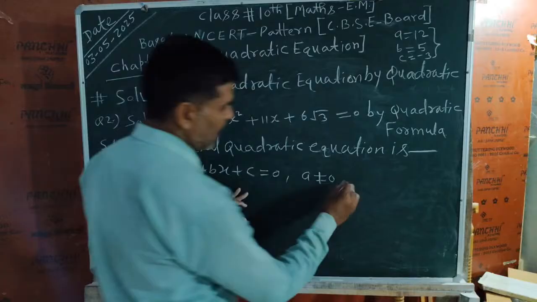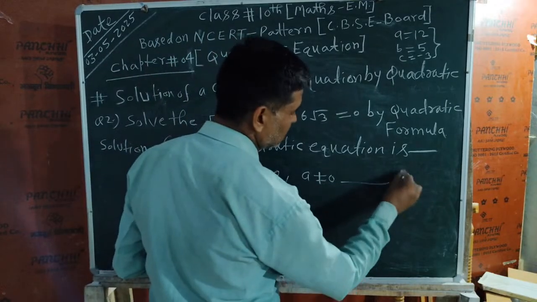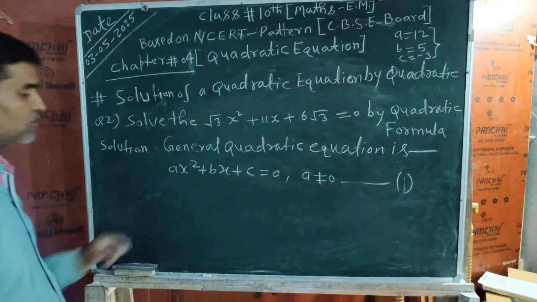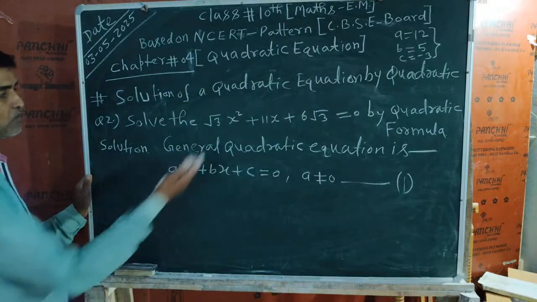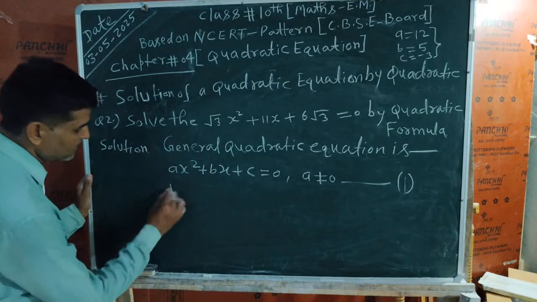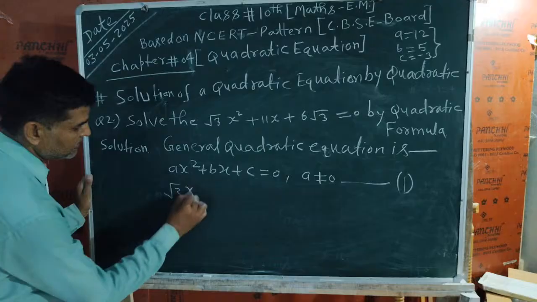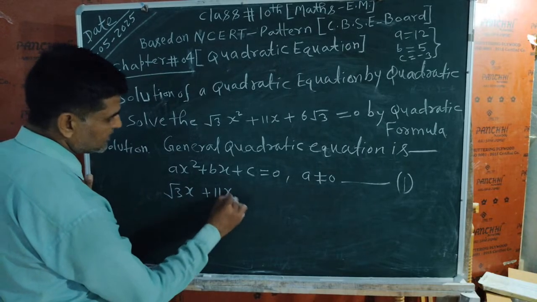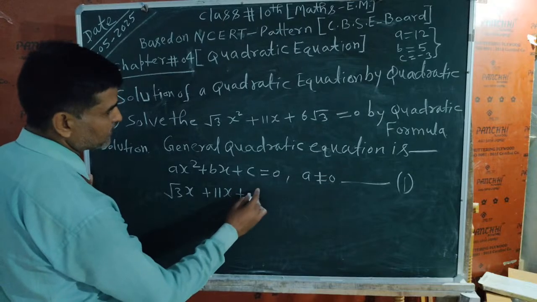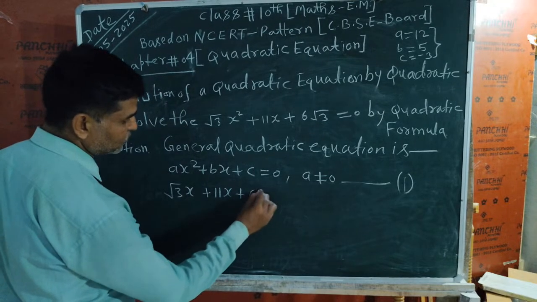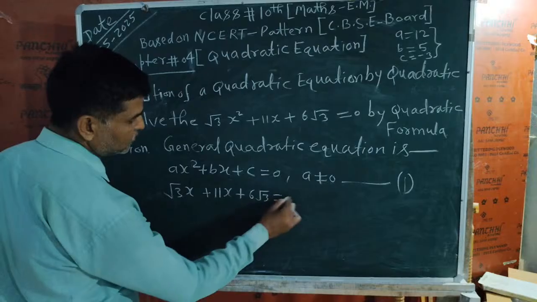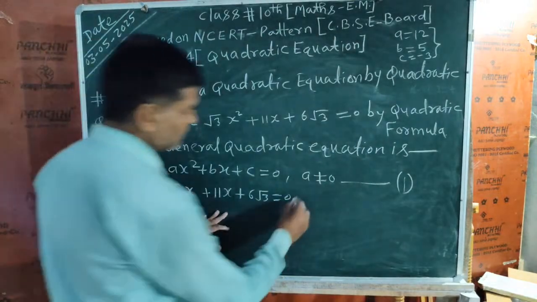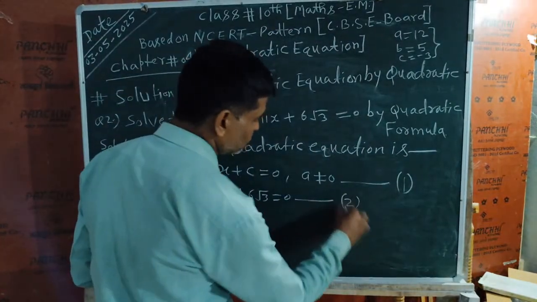Okay students, I will call this equation number 1. Now the given quadratic equation I will write here the same: root 3 x square plus 11x, and in the place of the constant, 6 into root 3, which is equal to 0. I will call this equation number 2.